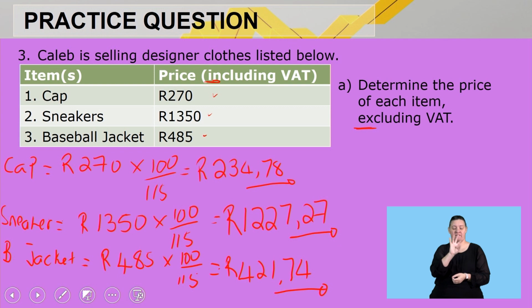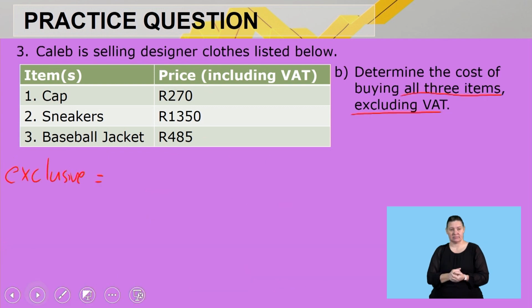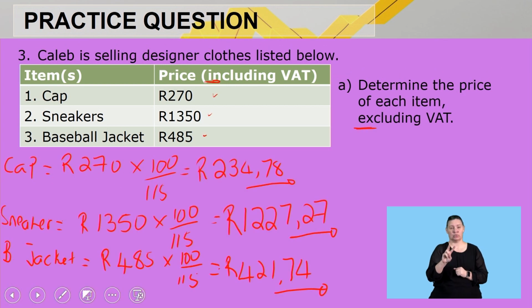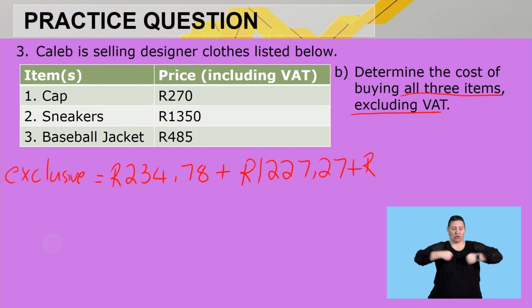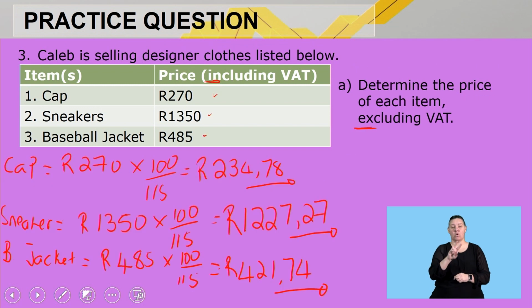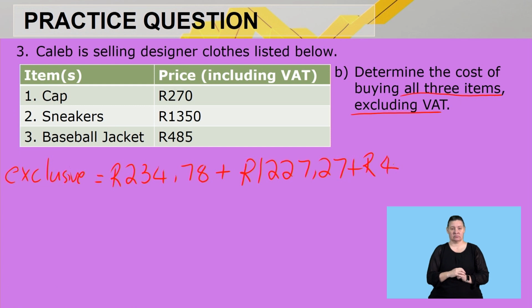For a cap, we have 234.78, plus our sneakers 1,227.27, and lastly our baseball jacket, 421.74.